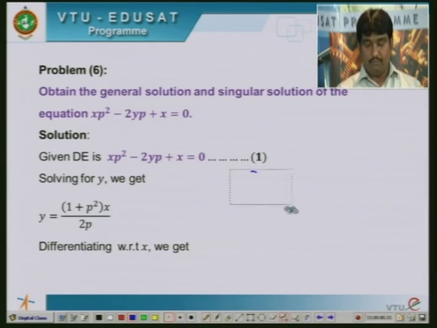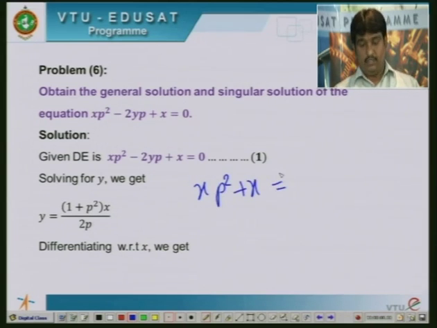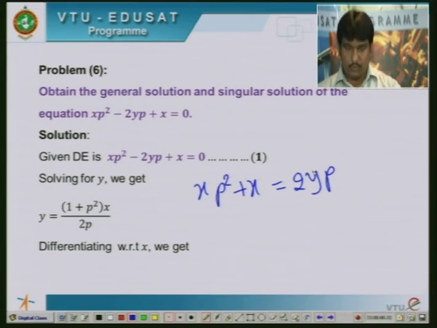So what you can do is, to have only even powers of p, I will take 2yp to the right hand side. So it is xp square plus x equals to 2yp.